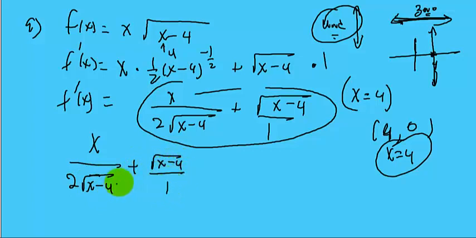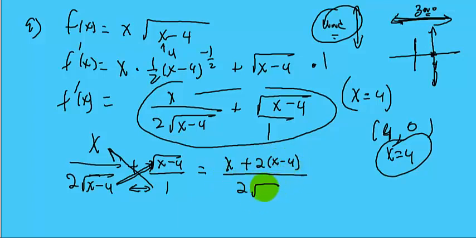We're going to multiply, multiply, and multiply. That turns into x plus, look, when you multiply these two, the radicals disappear. You're going to have 2 times x minus 4. And then when you multiply the bottoms, it'll be 2 times the square root of x minus 4.